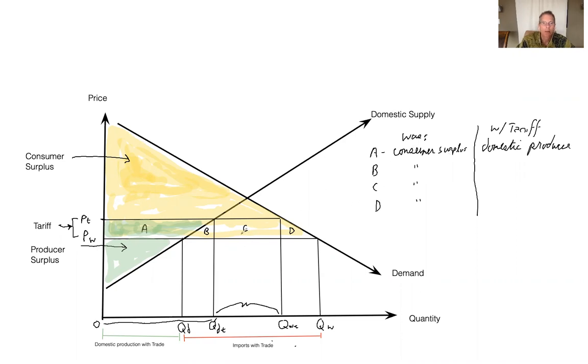Then I'm going to jump to C next. And C, I'll do that in red.